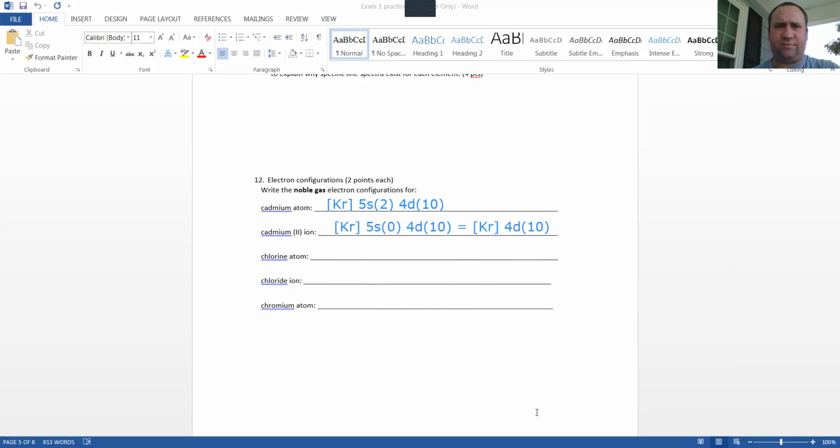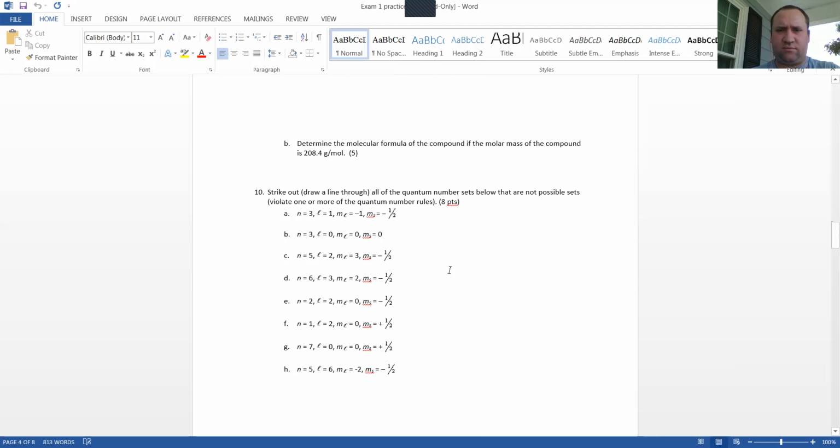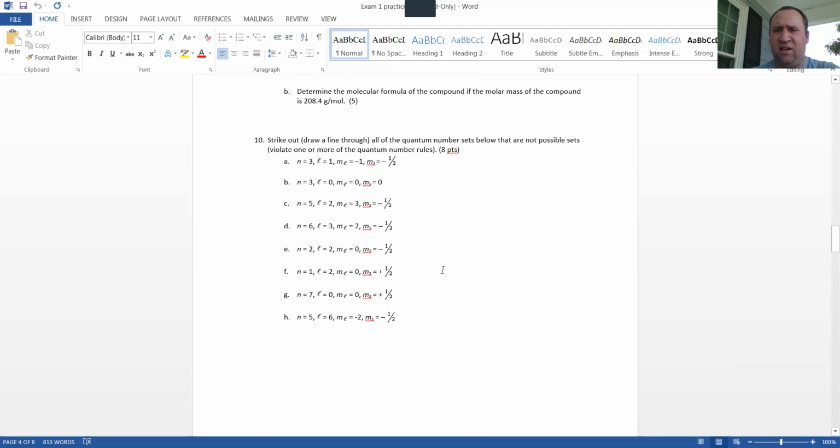that quantum number. Okay, so you just have to answer if it's a possible set or not. That's all this is. This is a lot like the example we did in class. It has to do with whether it's in a certain orbital.